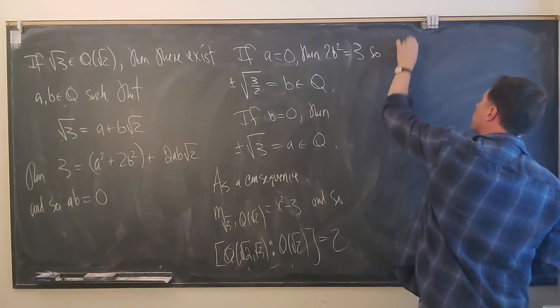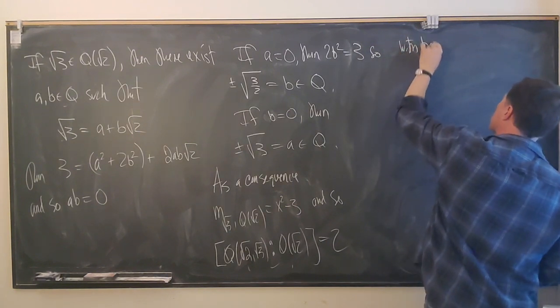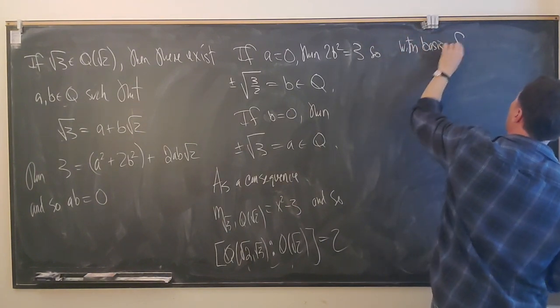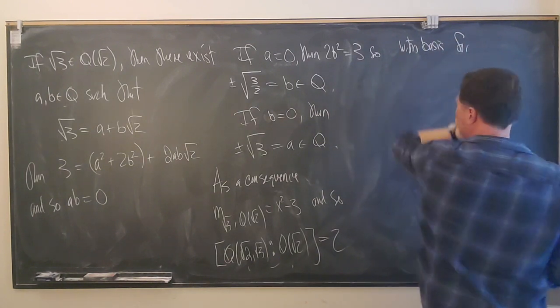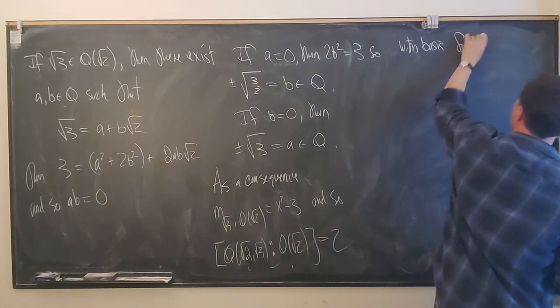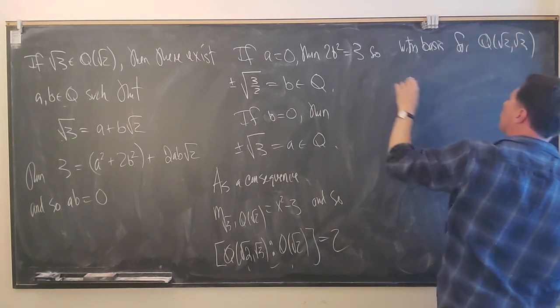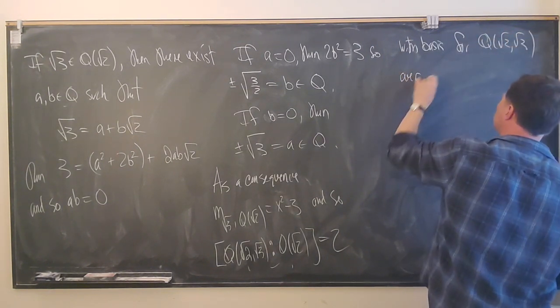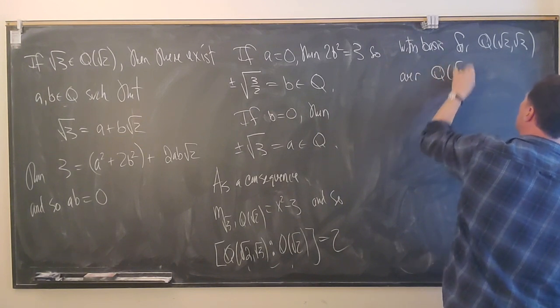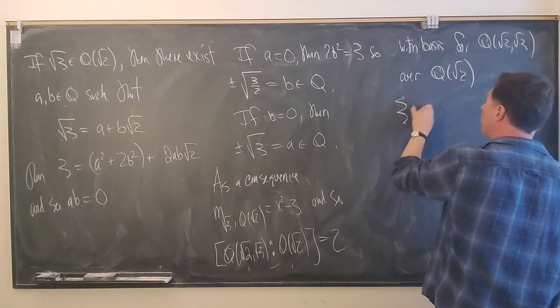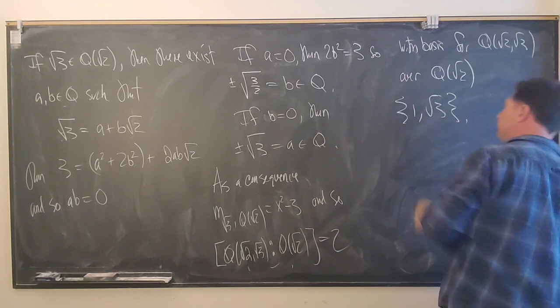So with basis for Q adjoin root 2, root 3 over Q adjoin root 2, that basis will be 1 and square root of 3.